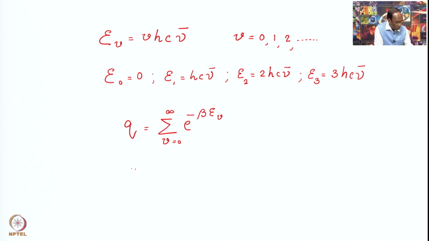So the expression now becomes the sum over v from 0 to infinity of exponential minus v beta hc nu bar. This is what we now have to work upon.